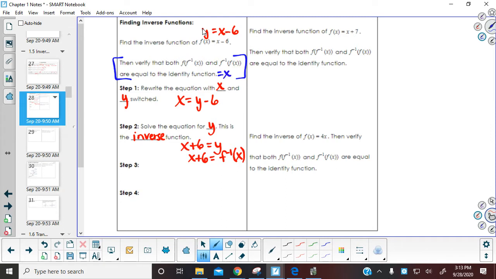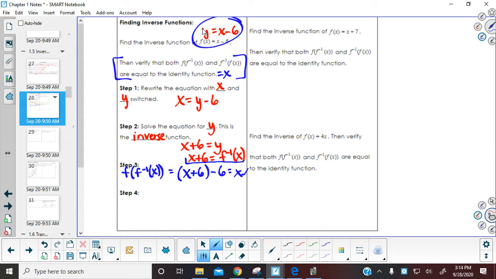So your step 3 is that you need to find f of the inverse of x. So in other words, you're going to plug the inverse into your original equation. So we would take this equation up here and what you just came up with here, and you're going to use those as composites of each other. So I'm going to plug in my inverse in parentheses, and then minus 6, that's part of the original, which will then simplify to be x.